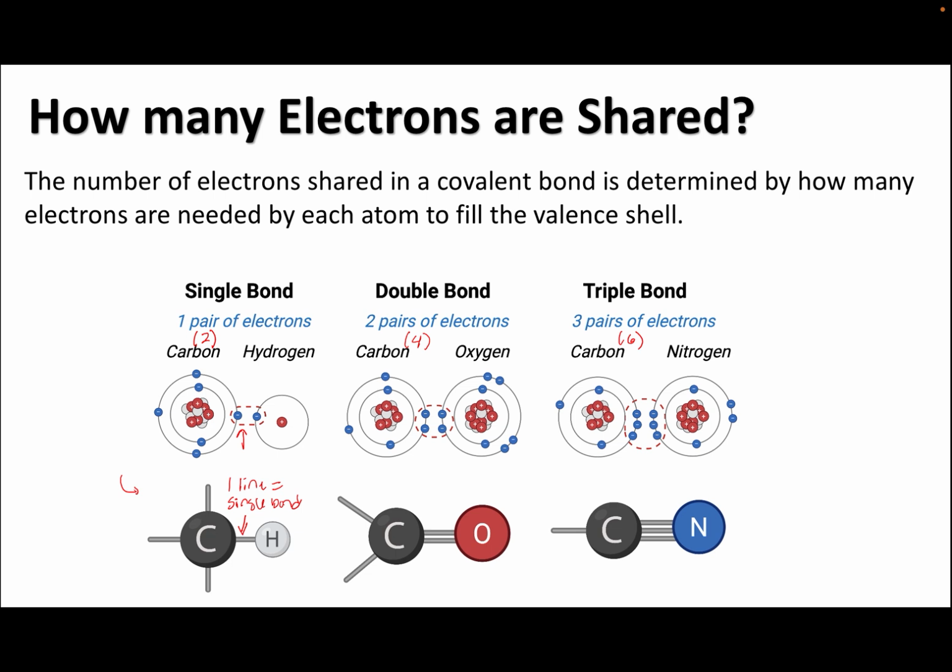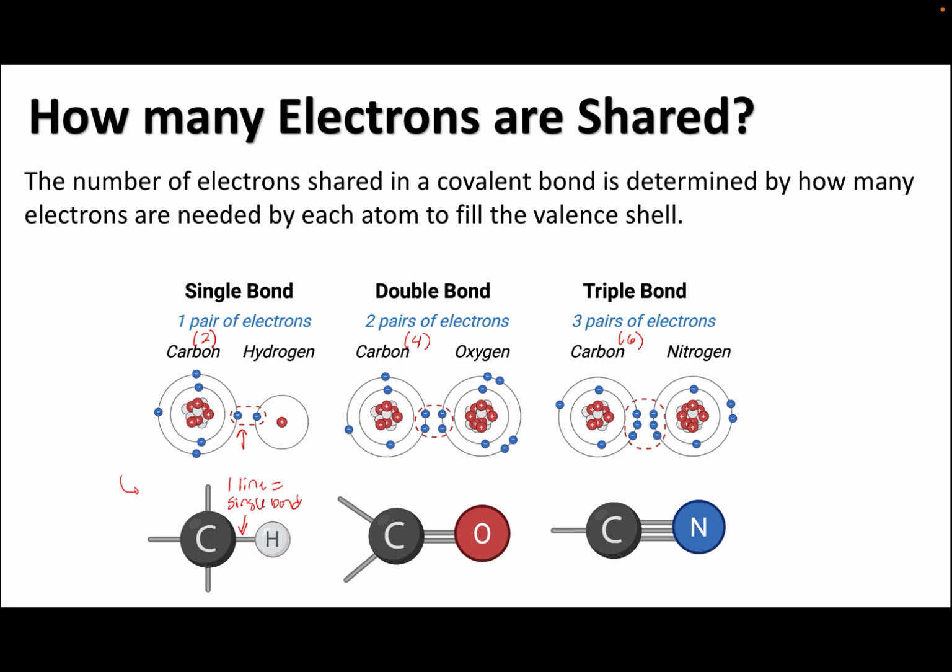What that looks like is just 3 lines drawn stacked on top of each other, parallel to one another. The way we determine whether a covalent bond is going to be single, double, or triple really comes down to factoring in how many additional electrons the atom needs to fill its valence shell.